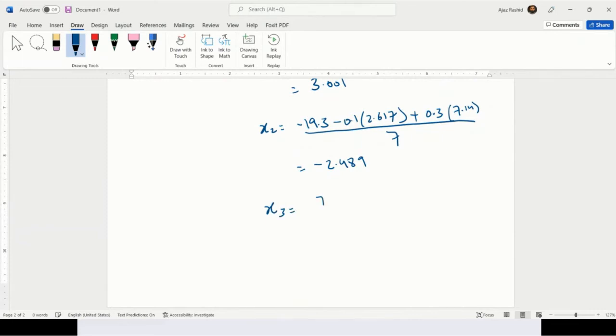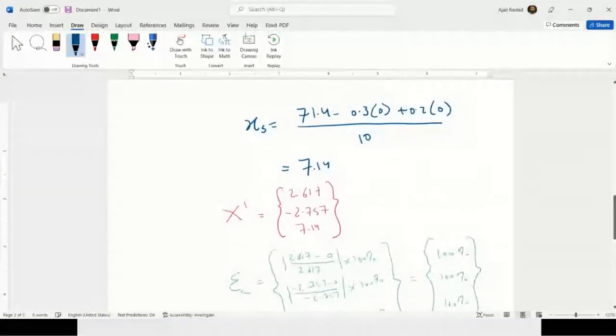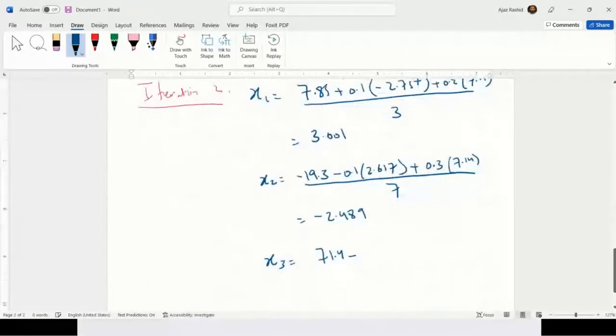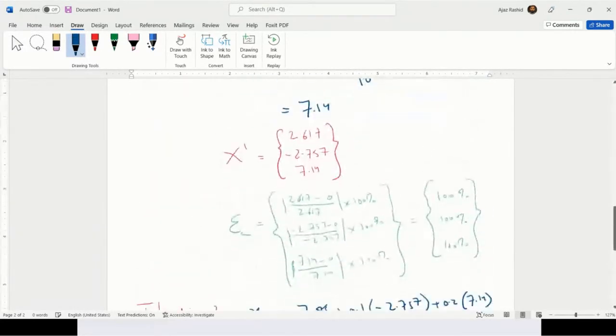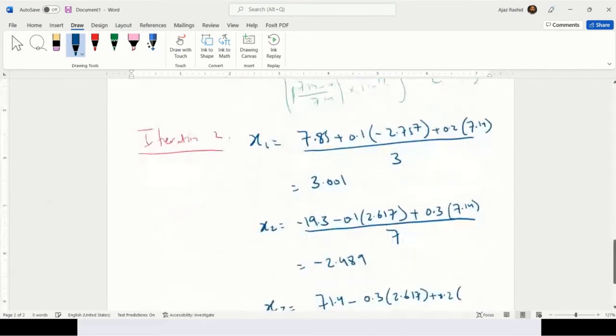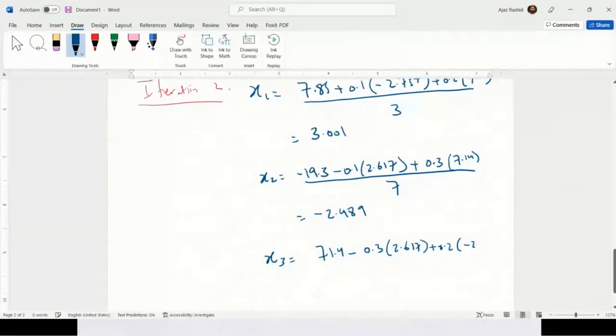And x3 is 71.4 minus 0.3 into 2.617 plus 0.2 into minus 2.757, divided by 10.